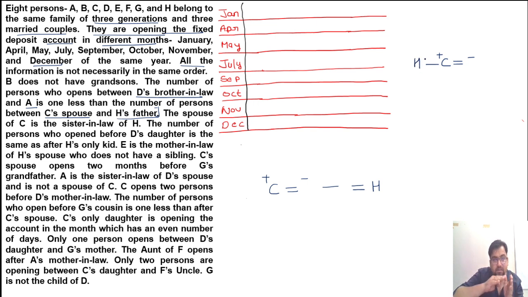Now H's sister-in-law will be the C spouse. Okay, these 2 different ways I can draw that diagram. The spouse of C is the sister-in-law of H. The number of persons who open before D's daughter, we know there must be D's daughter, same as after H's only kid. That means H will have a kid, that is plus or minus.